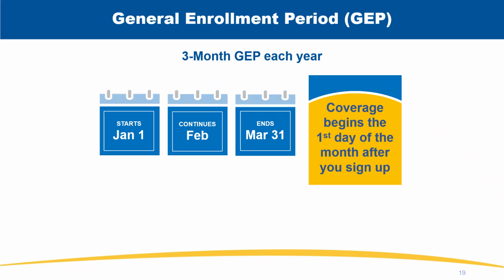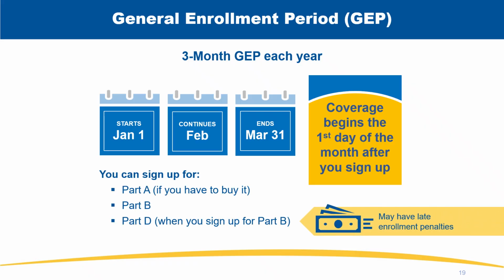General Enrollment Period, GEP. This is a 3-month period the following year, January 1 through March 31st, after the annual enrollment period. We'll get into that.